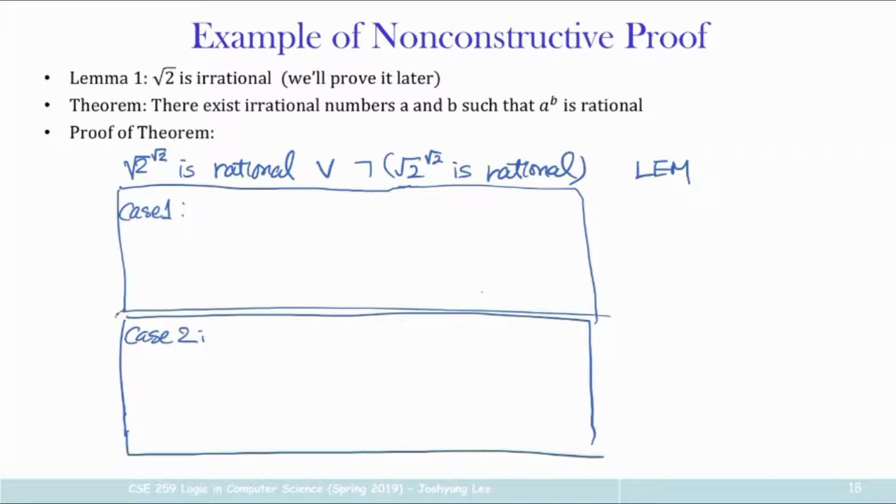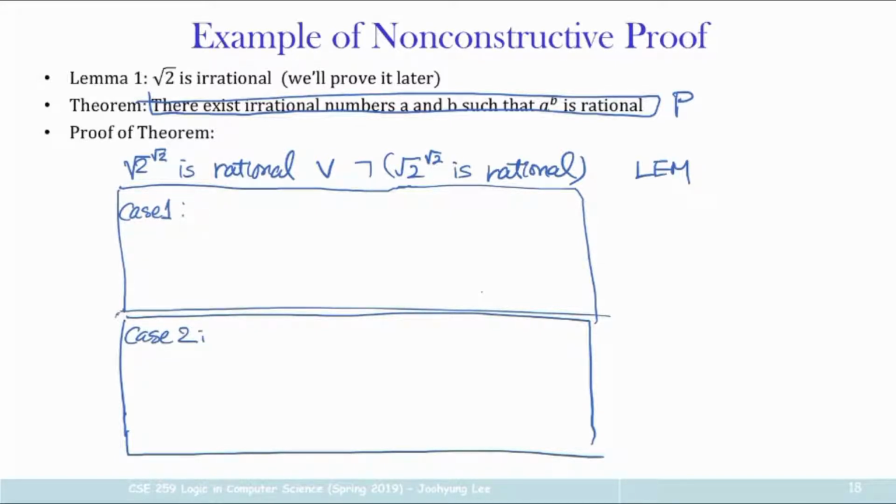Okay. Let me actually call this whole thing P. So the whole sentence that there exist irrational numbers a and b such that a to the power b is rational is one sentence P, because this is either true or false.